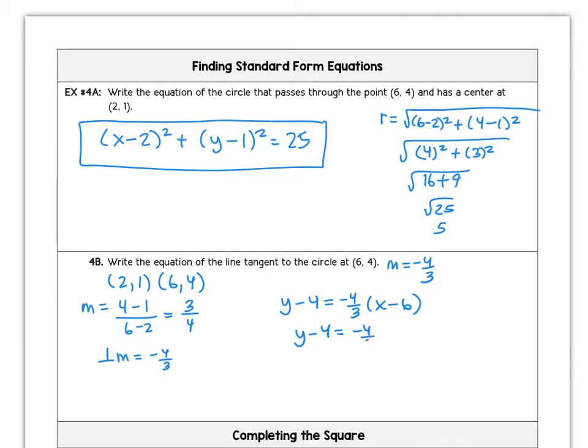And if I do distributive property, and then moving that over, alrighty, that's what I get. That's the line that's tangent to the circle at that point.